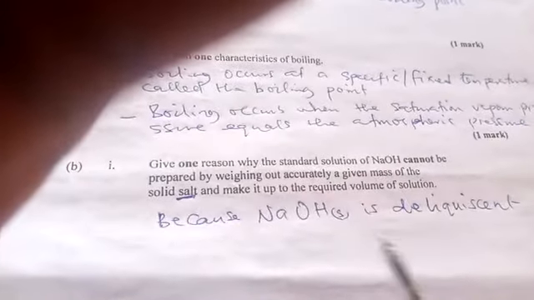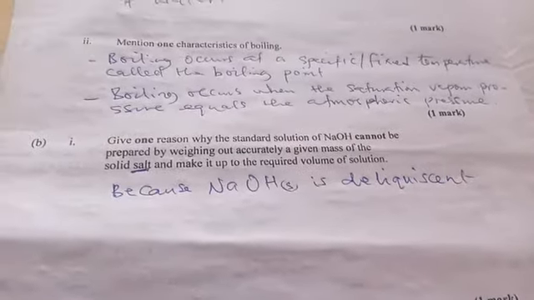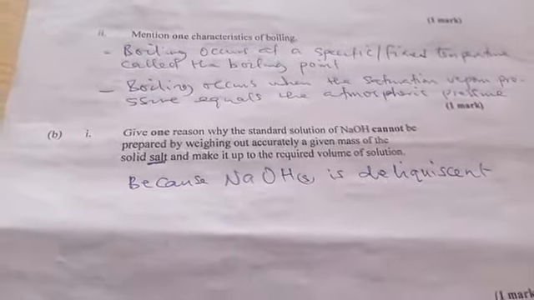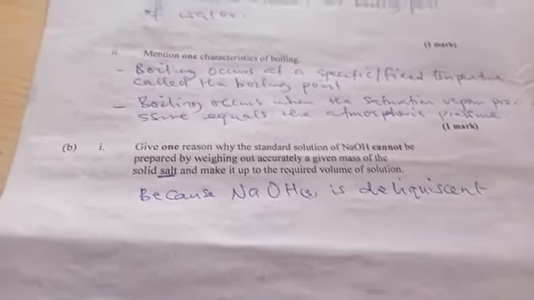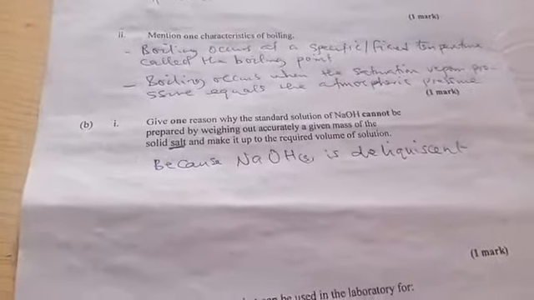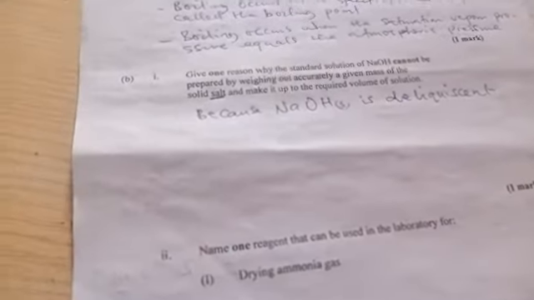What that simply means is that when you expose it to the atmosphere or to moisture, it will absorb moisture and dissolve to form a solution. So the absorbed moisture is going to add to the mass of the base, the sodium hydroxide. So for that, we cannot use it in preparing a standard solution.